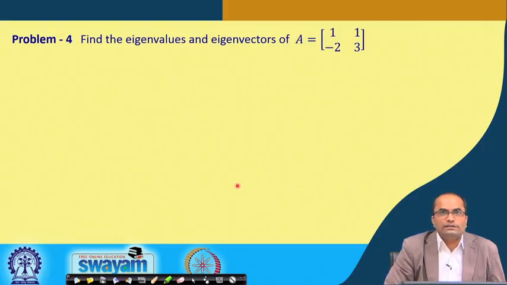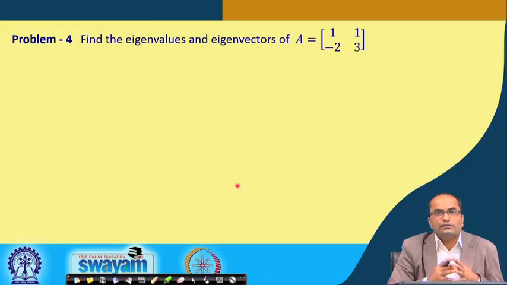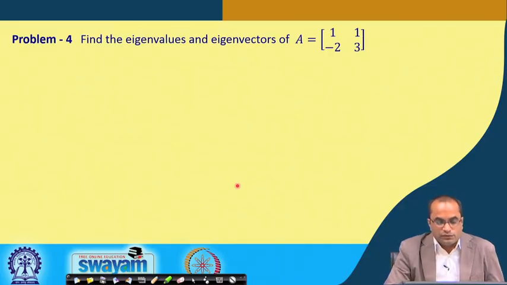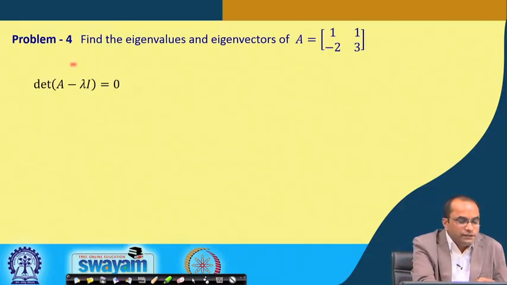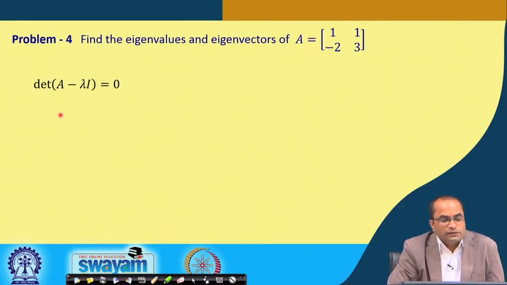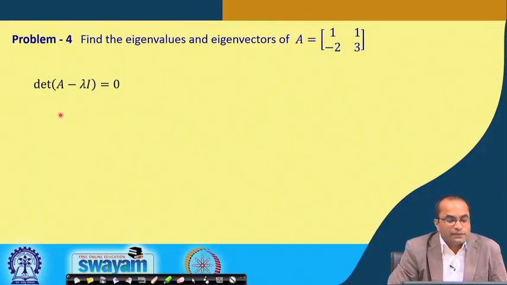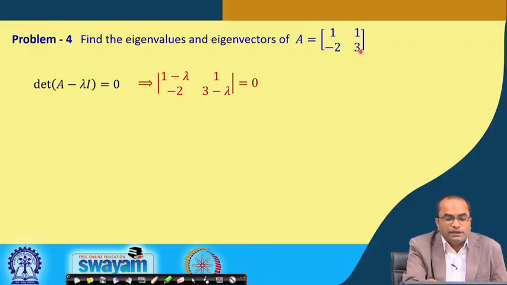Okay, so, another example where we will look for the eigenvalues and the eigenvectors of this matrix A, which is given by 1 1 and minus 2 and 3. Here we compute the determinant of A minus lambda I equal to 0. So, we have 1 minus lambda and 3 minus lambda, minus 2 and 1 remain intact.